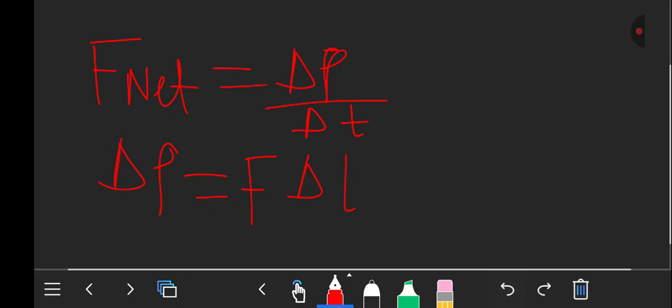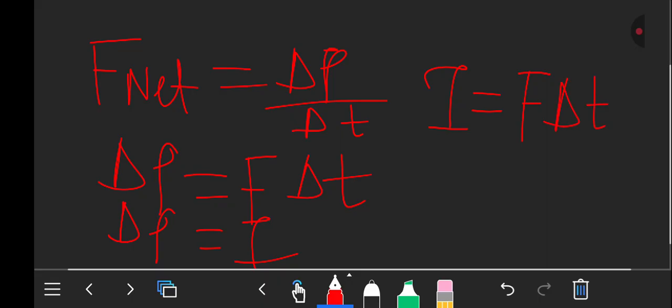But remember, from the second definition of impulse, impulse is equal to the change in momentum. So impulse is equal to force multiplied by change in time. So that is how you can calculate impulse.